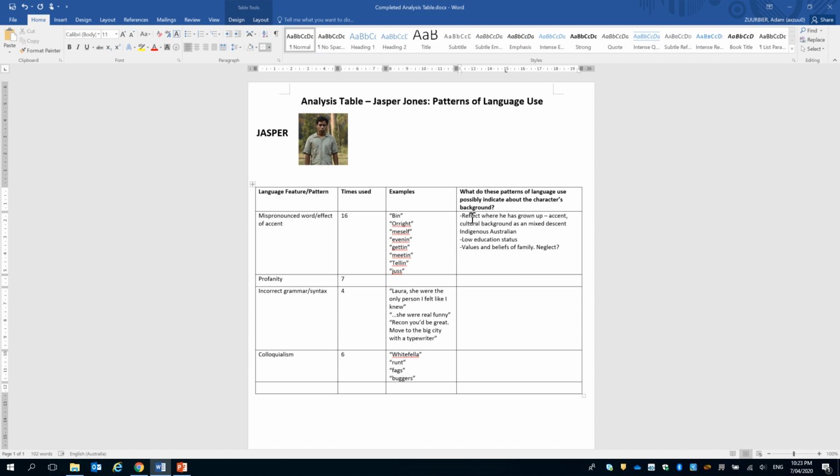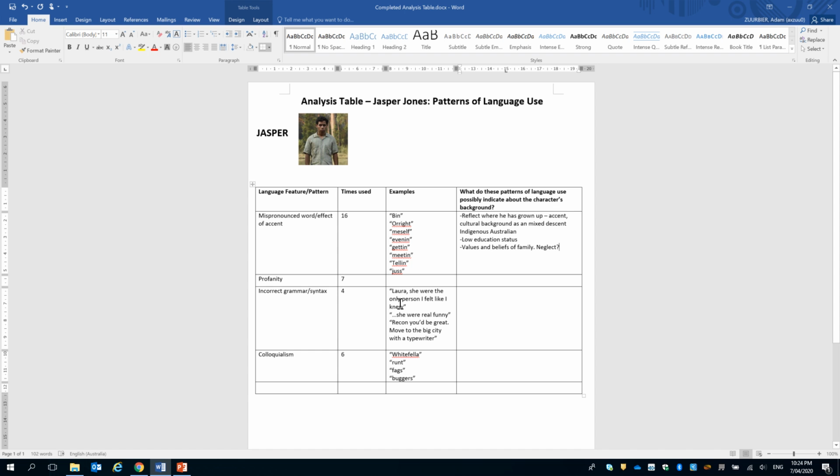If a child does not have parents that potentially care enough to do that, or don't value the patterns of language use that their children are using, that could be a particular value or belief of the family, or it might also reflect the low educational status of his parents, or the fact that he might have been neglected.